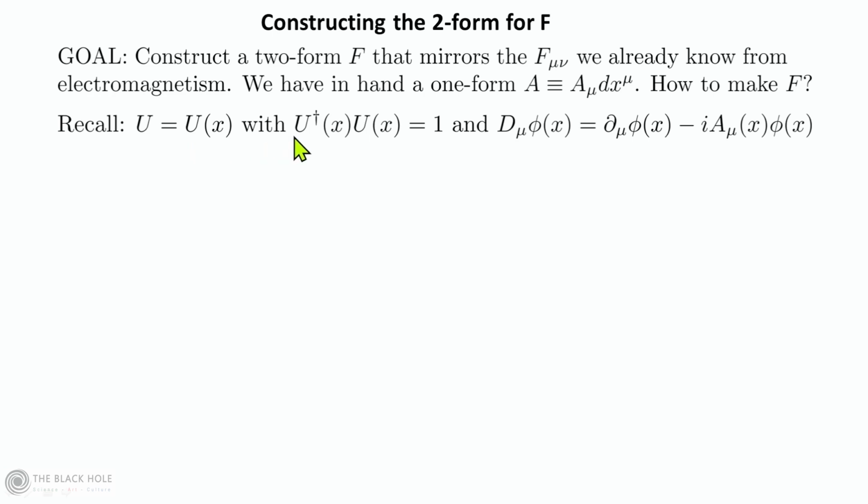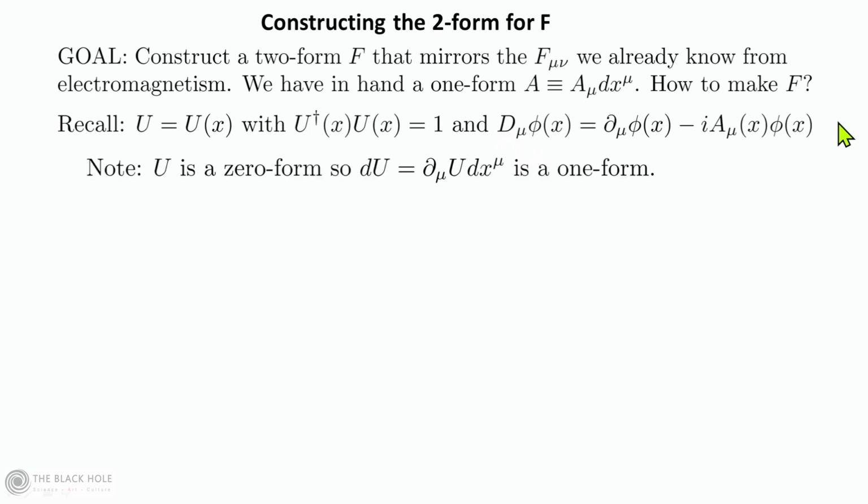And it's a unitary matrix. So U†U is 1 at every point in space. This is the U that transforms the A, and this compensating field A_μ is put in the covariant derivative. So the covariant derivative we defined as this.